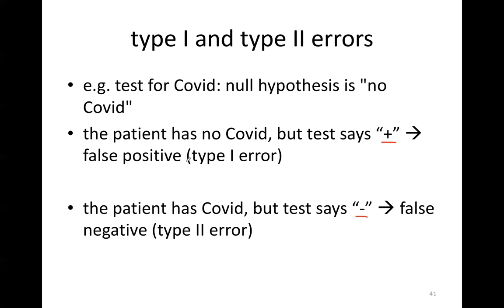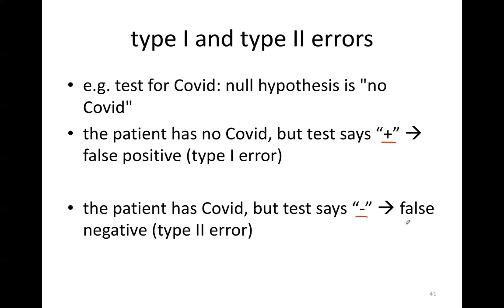So when people were talking about tests and how accurate they are, it wasn't always clear in the media whether they were talking about false negatives or false positives. Tests can have very different rates of false positives and false negatives.